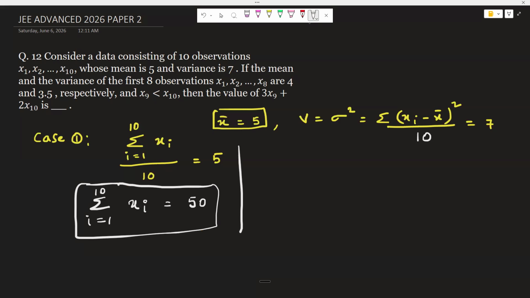And from this calculation, if you expand sigma of (xi minus x bar) whole square, we can see that sigma i equal to 1 to 10 xi square divided by 10 minus x bar square is equal to 7.